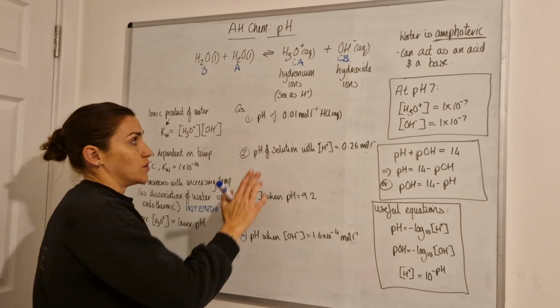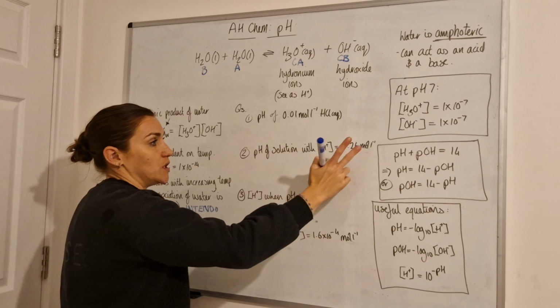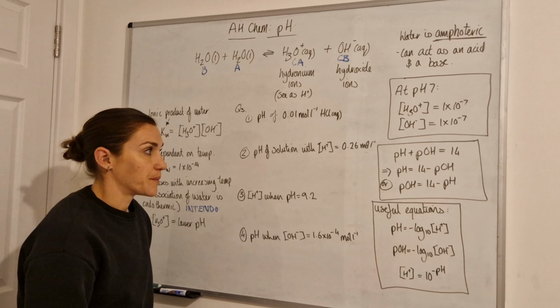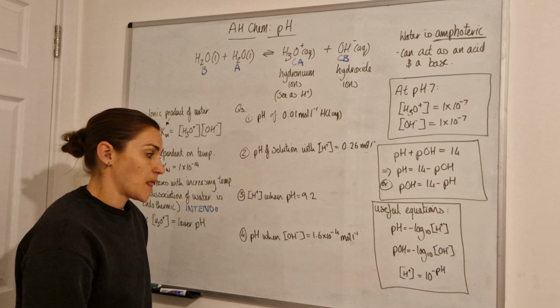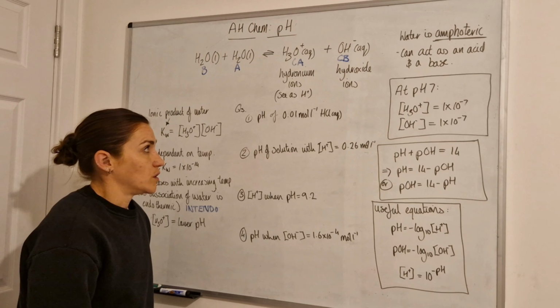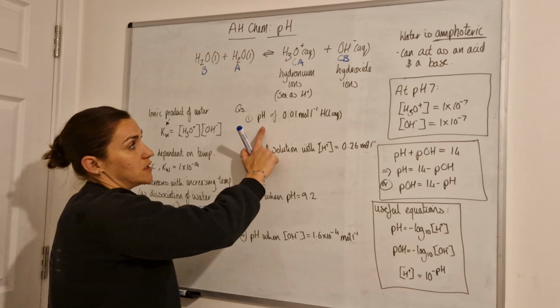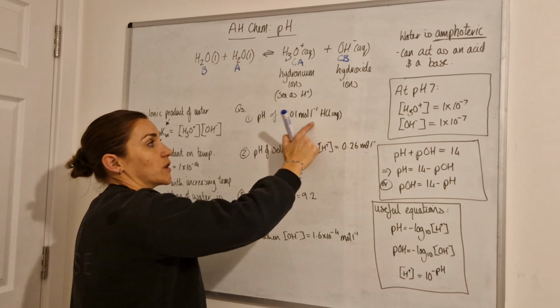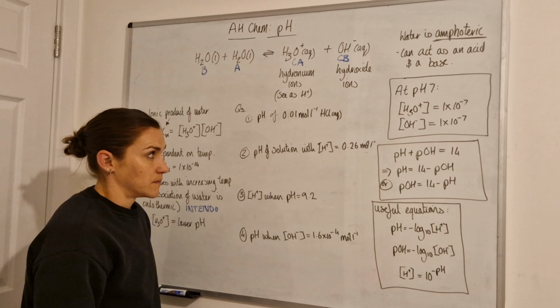So let's go through some of these questions just to put these relationships into practice, and these are some things that can come up in your exams. So the first question is working out the pH of a 0.01 mole per litre hydrochloric acid solution.